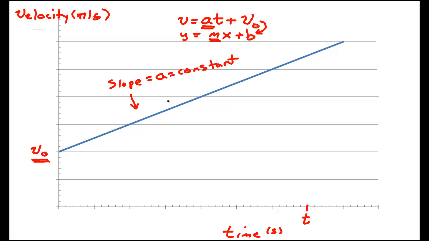And now we want to find the displacement using this graph. Now to find the displacement delta x, I remind you that what we need to do is find the area under this curve, the velocity time curve.